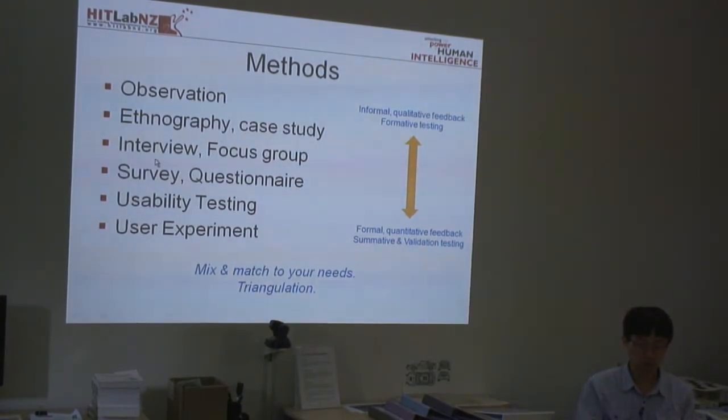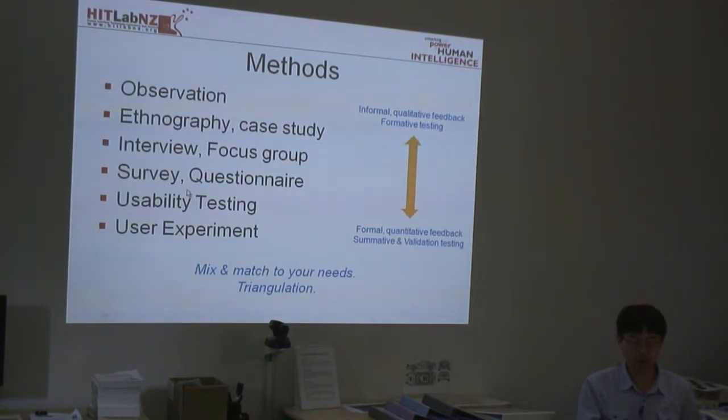Another way to do it is to actually ask them certain questions about the product: how did they like it, dislike it, which worked and which didn't, and so forth. A focus group is a kind of interview, but done in a group, so that you ask multiple people to come together and discuss your product and evaluate it as a group. And then surveys and questionnaires.